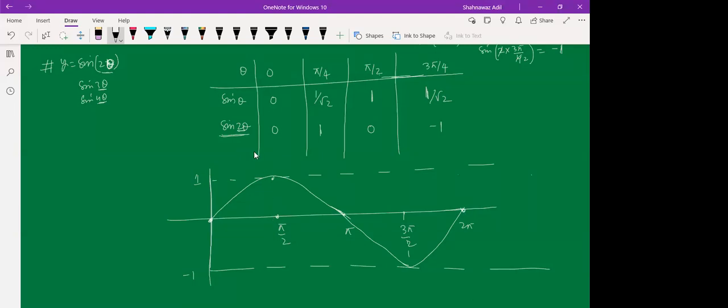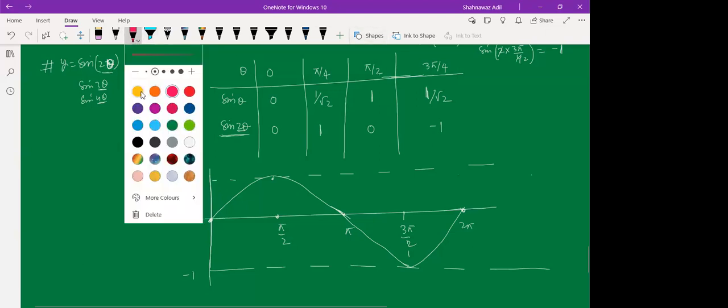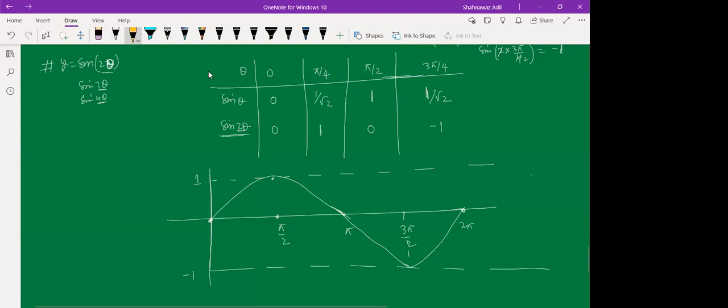Now if I draw this sine 2 theta function, for 2 theta I have to draw another set of angles. What would be those angles? The angles are multiples of what? Can you guys tell me?